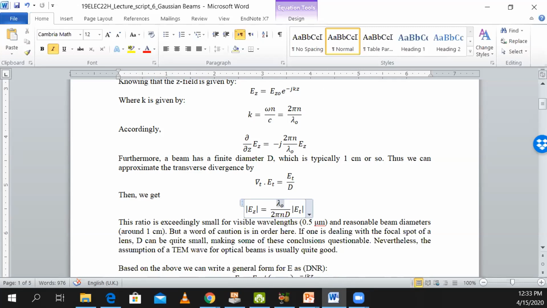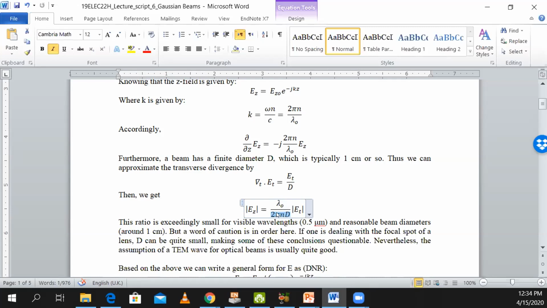So now you can imagine that the numerator of this equation is in the micrometer range, which is 10 power negative 6, while the denominator may be in the 10 power negative 2 range. That means this fraction will be something times 10 power negative 4, for example.